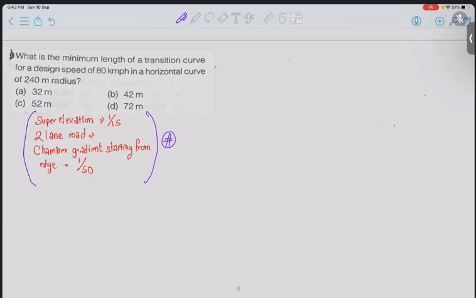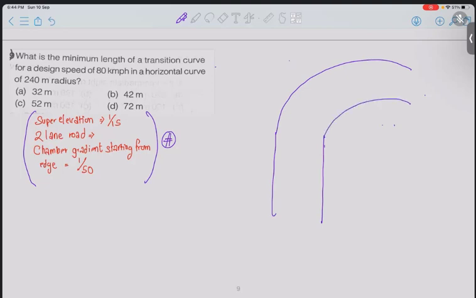To introduce a smooth gradient on the curve. That is one of the reasons. When we have our straight road, we cannot simply put a curve directly.